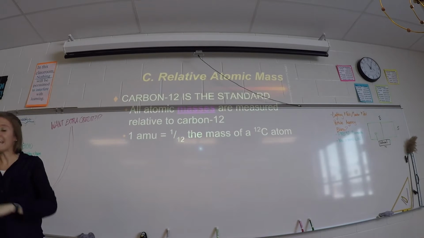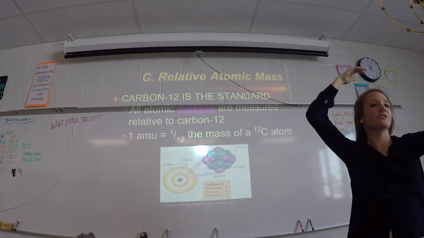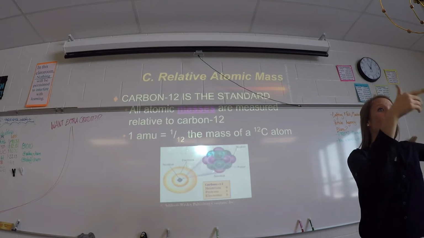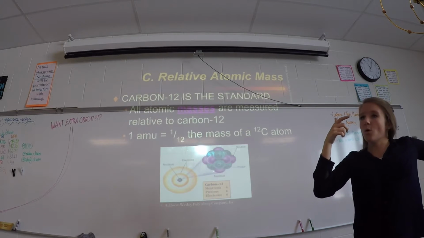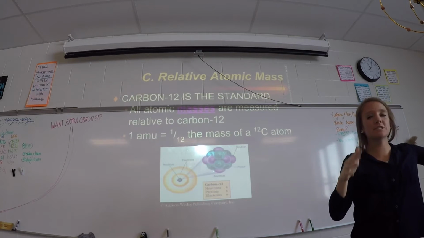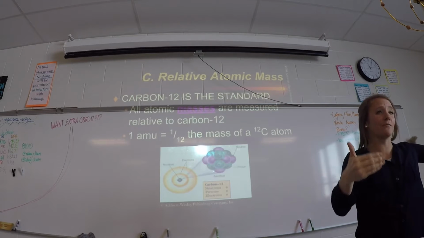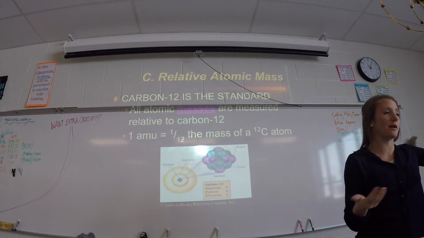Yeah. Okay, last little bit for today, everyone, is now we're going to answer Mitchell's question of that number on the periodic table, where that comes from. So, all atoms, because they're so small, scientists had to develop a new scale for weighing them because a gram's just too big for how small an atom is.